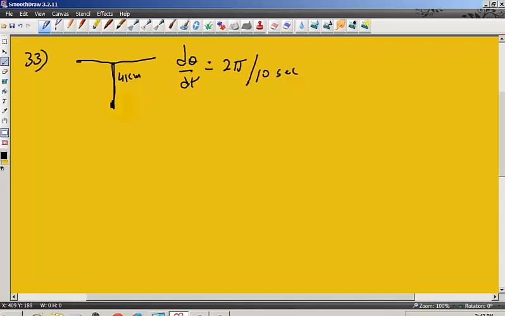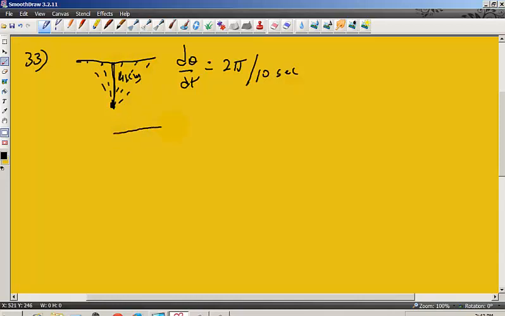Okay, how fast? So this beacon is here, and it's going to do that, and that, and that. They want to know how fast the beam is moving.